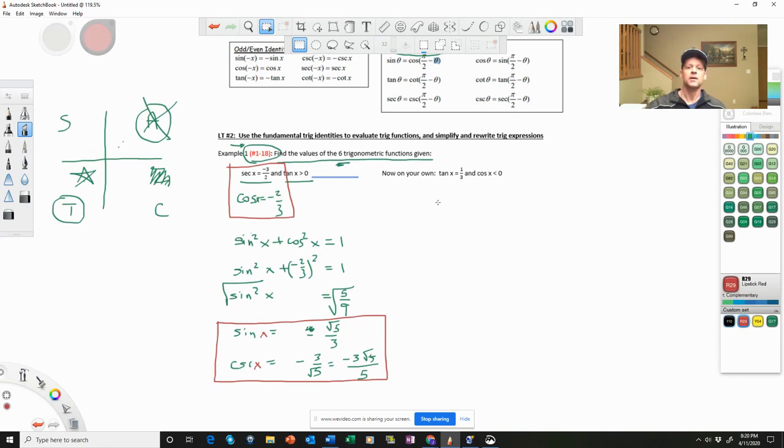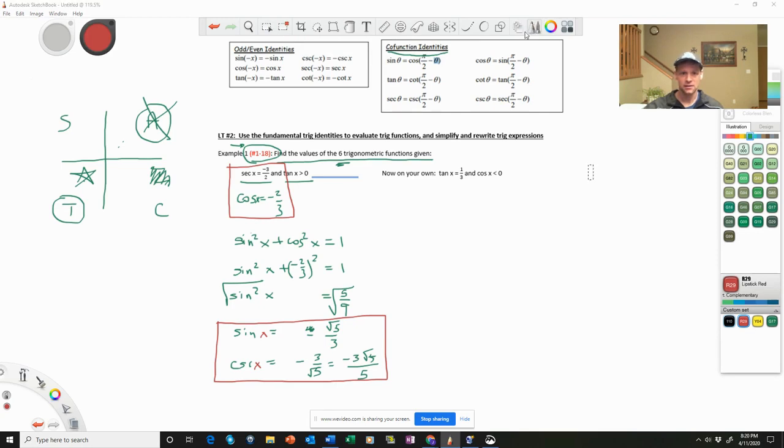All right, we're back. So if you need to find the 6 trigonometric ratios for this one, the first ones we know. I'm having issues finding how to use this pen.